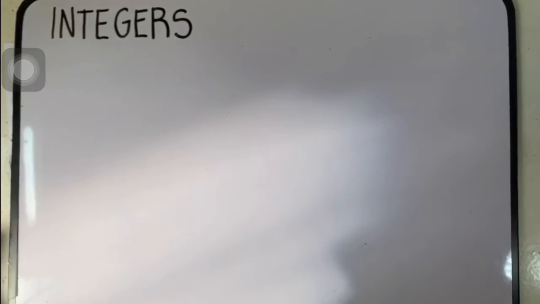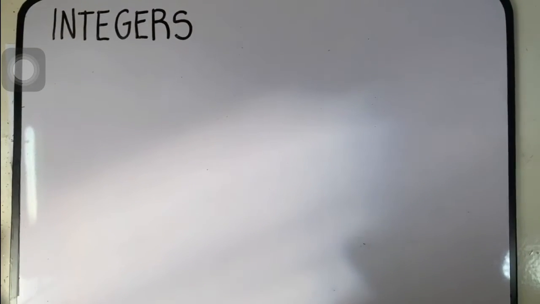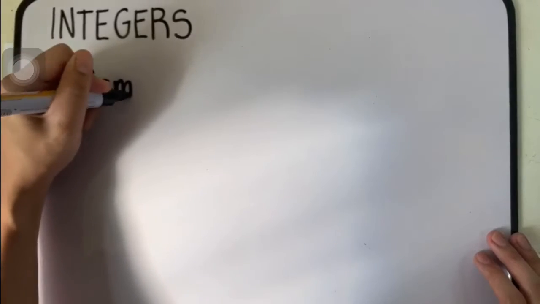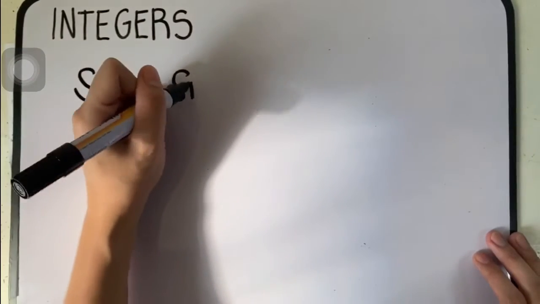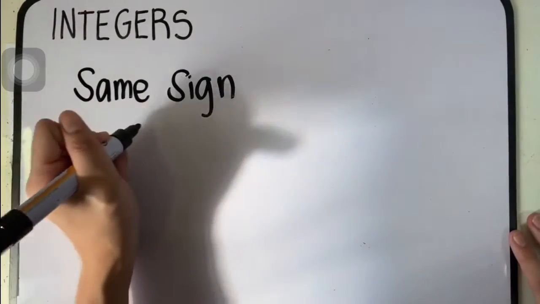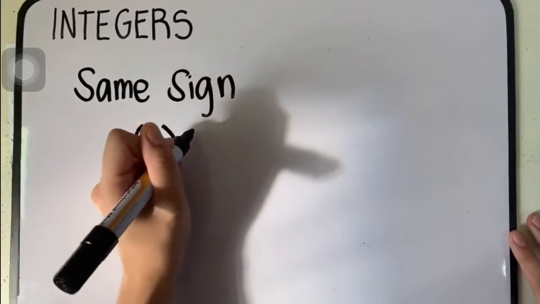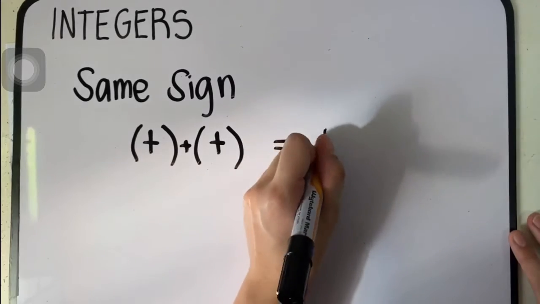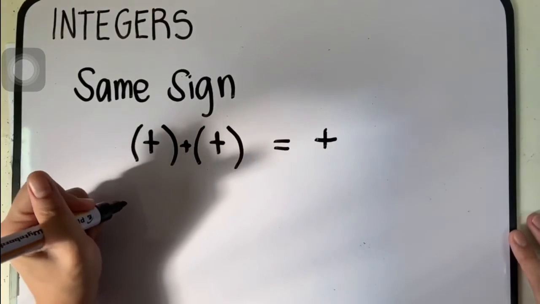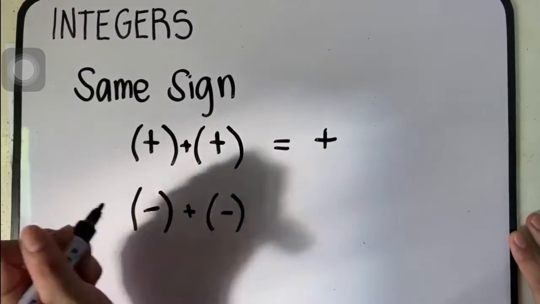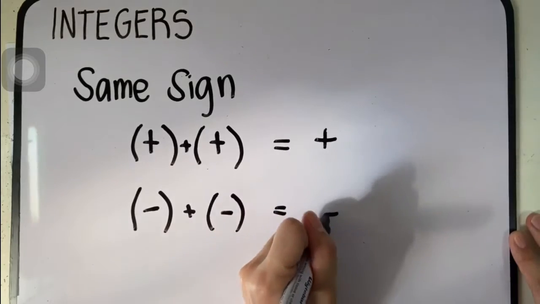Another way of adding and subtracting integers is by using a couple of rules. The first rule is for integers of the same sign. We must remember that adding two positive numbers will result in a positive number. Now, a negative number plus a negative number will also result in a negative number.